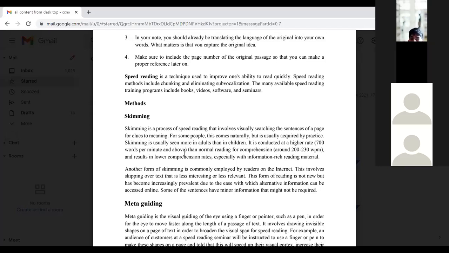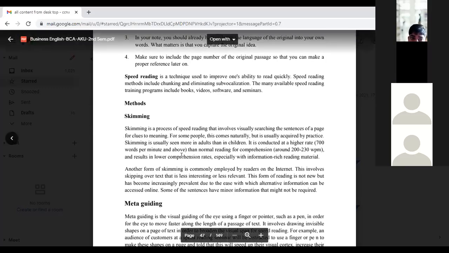So skimming is usually seen more in adults than in children. It is seen less in small children, but with skimming almost everybody is using the pen or the pencil or the finger, especially when they are searching. So it is the content for a higher rate of 700 words per minute and above.